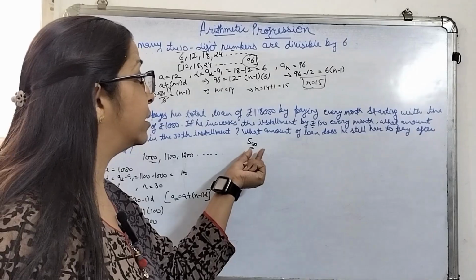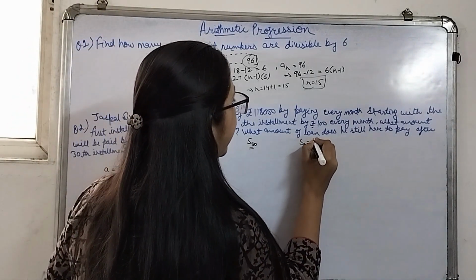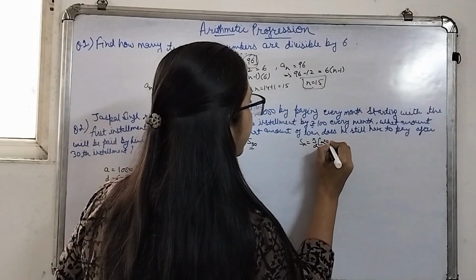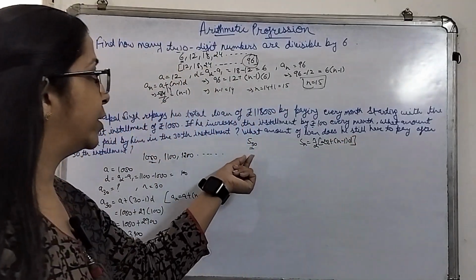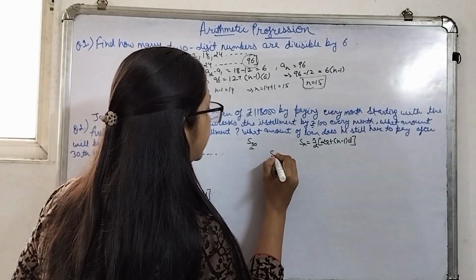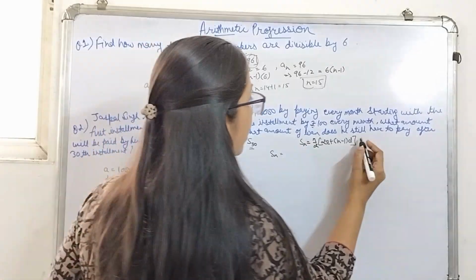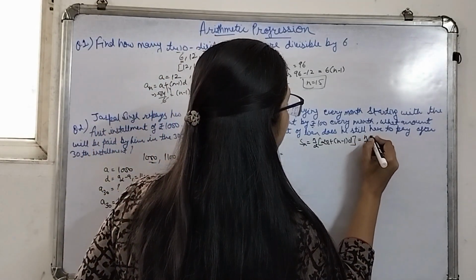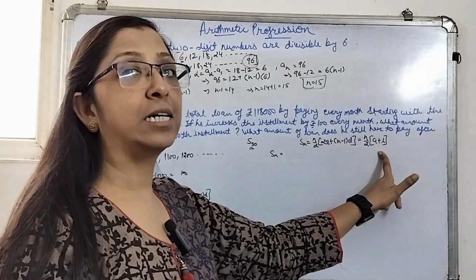The formula for finding Sn is n by 2 into (2a plus n minus 1 into d). Again, the value of n is 30 here. We can use this formula, or we can use n upon 2 into (a plus L), where L is the last term.